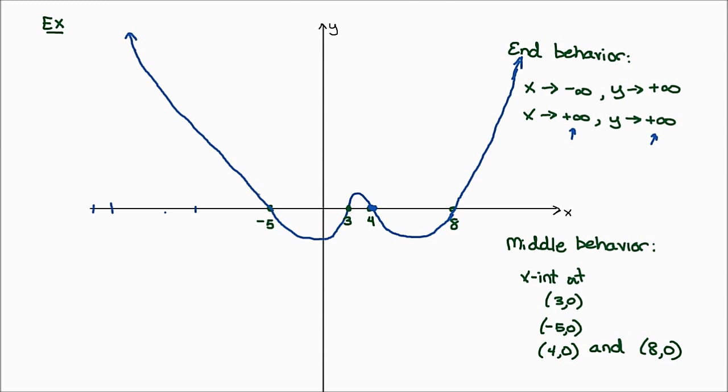In this case, it went through negative 5, and now I know that ahead of me, I'm going to have to get back to the x-axis at x equals 3. So I'm going to start bending and coming back to the x-axis, which occurs at x equals 3. And now that I've gone through that, I know that I'm going to have to bend back down very quickly to get down to the x-axis at x equals 4, and so on and so forth.